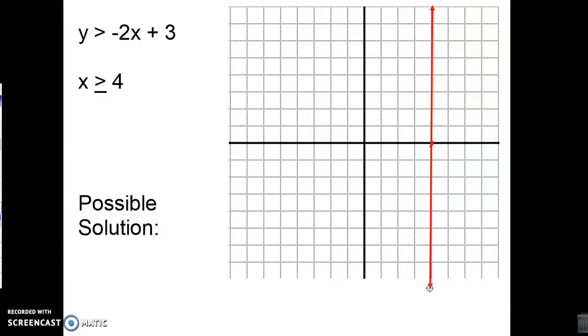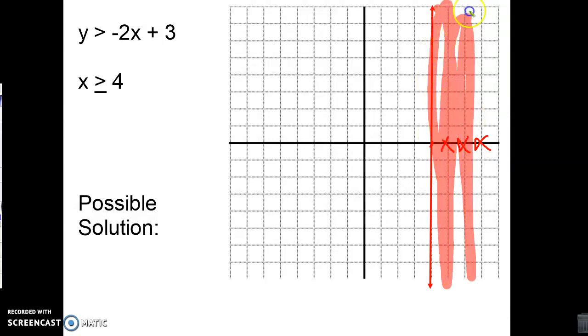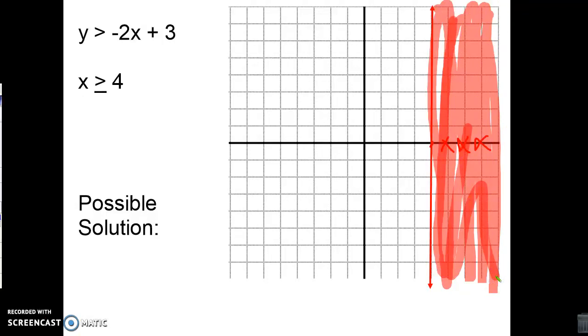Now what numbers would have been bigger than 4? Well, 5 would have been bigger, 6, 7, and so on. So when I go to shade, I need to shade everything to the right of the line. So anything on the line is a solution, and anything to the right of it.